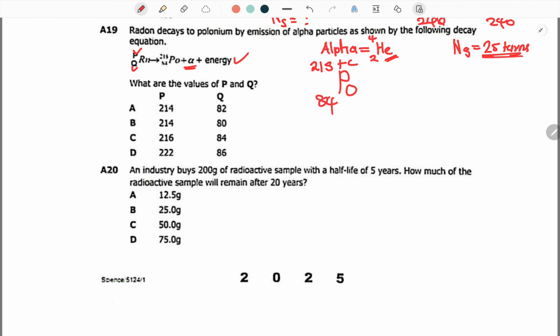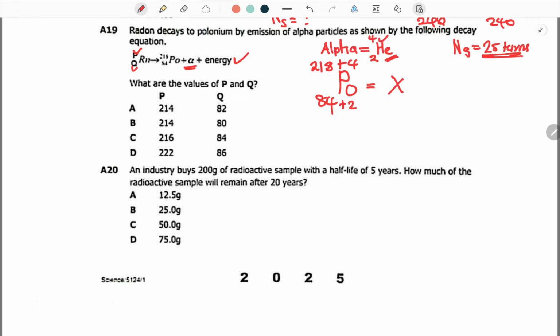So you add the 4, because the 4 is on top, and you add the 2. What you're going to get is X, which is going to have 215 plus 4. Let me check properly what that number was. This is 218.